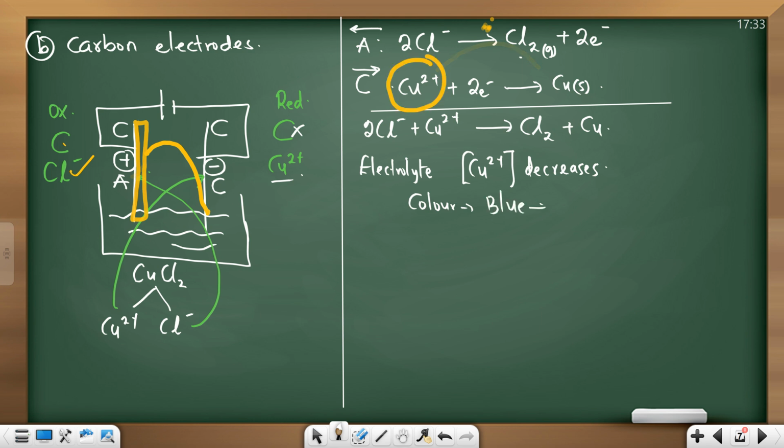Blue to light blue and may become colorless at the end. Because copper 2 plus that is responsible for the blue color of the solution is being lost. In the first one, it was lost and replaced. In this one, it is lost without replacement.